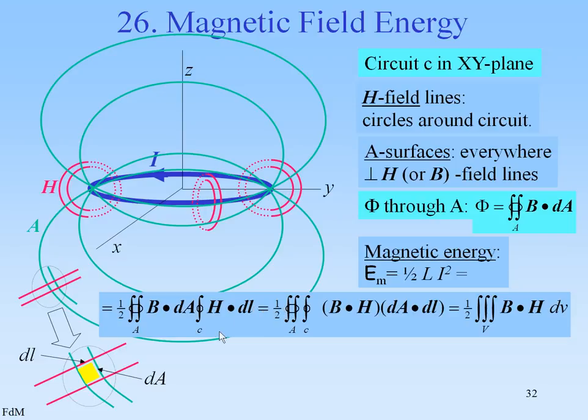Here we have the cross section, the surface element dA, so it is 1/2 times the surface integral over dA times the circuit element dL times B times H, and that is given by 1/2 times the volume integral over B times H.